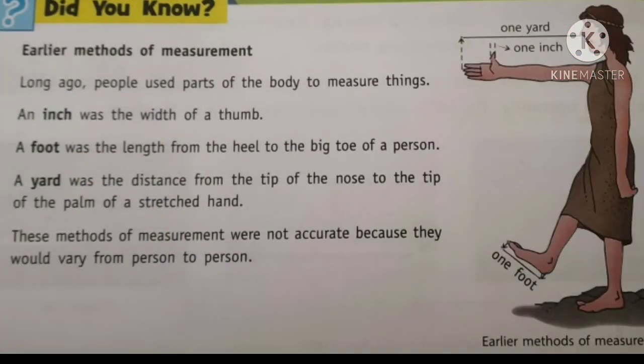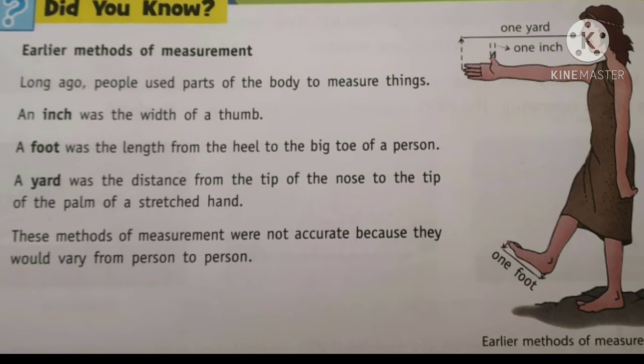Next, we will see about the earlier methods of measurement. Long ago, people used parts of the body to measure things. An inch was the width of a thumb. See that picture, a foot. A foot was the length from the heel to the big toe of a person.